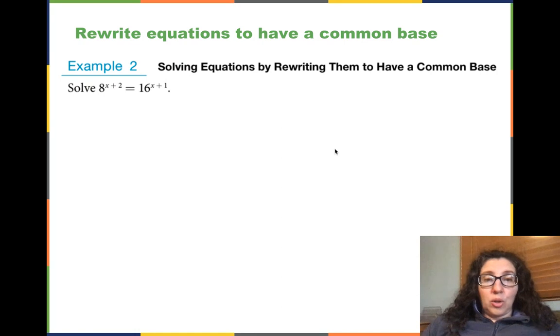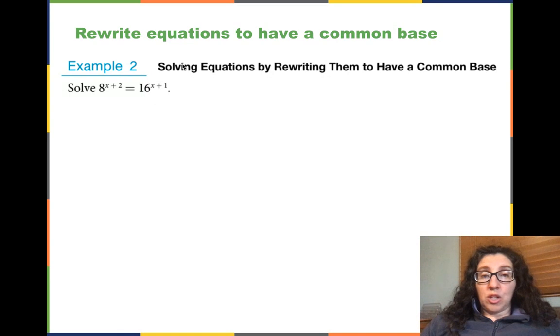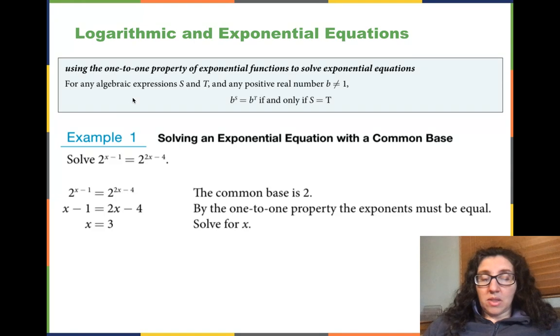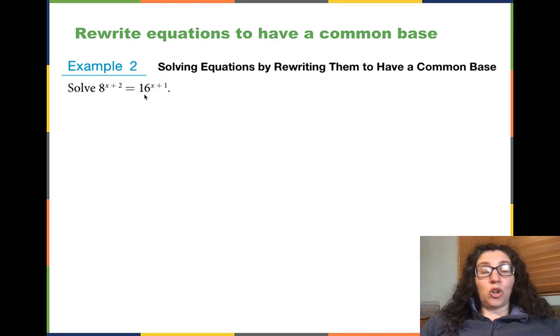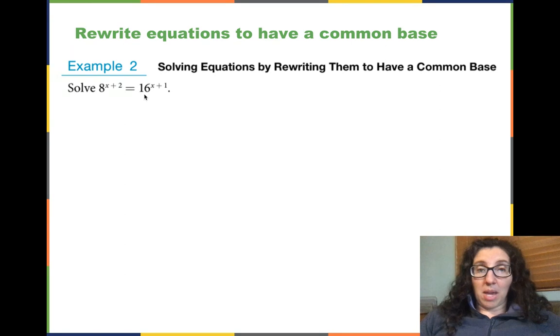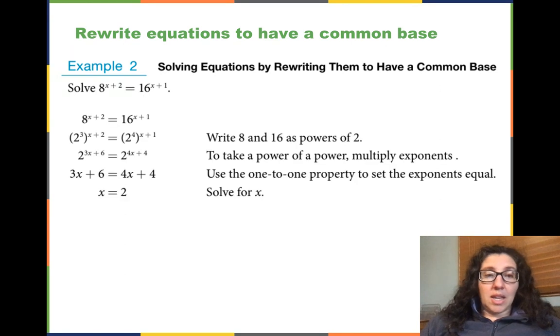All right, so one strategy that we're going to use for exponential equations is rewriting them so that these have a common base. Okay, so in the previous example, these both had base 2. So it was easy. We could just set the exponents equal to each other. In this example, they don't have base 2, but could we rewrite them so that they had the same base, namely 2? Yes, we could, right?